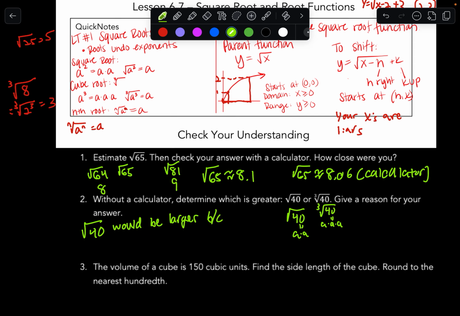because you only need to multiply the number against itself once to get 40.